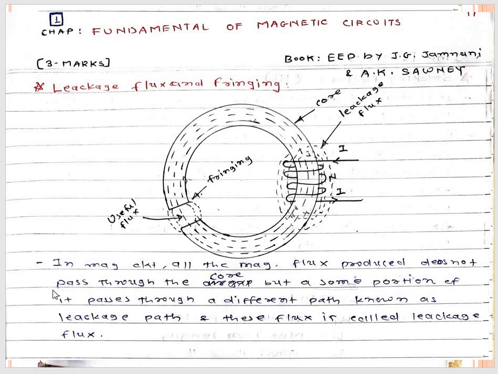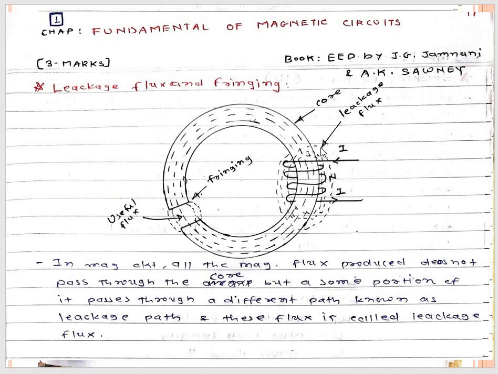So in a magnetic circuit, all the magnetic flux produced does not pass through the core, but some portion of it passes through a different path. Our actual and desired path is in the core, but some portion of the flux will follow the other path.